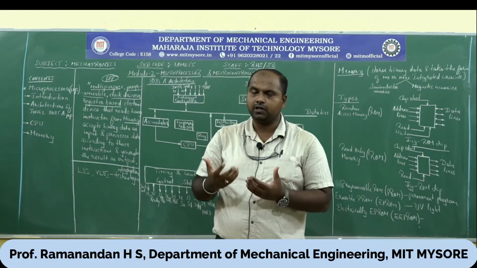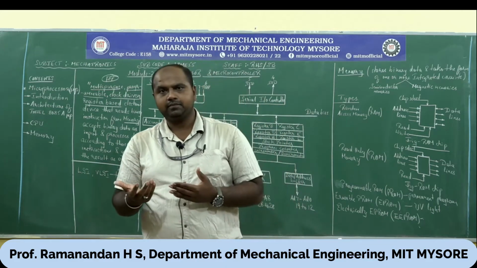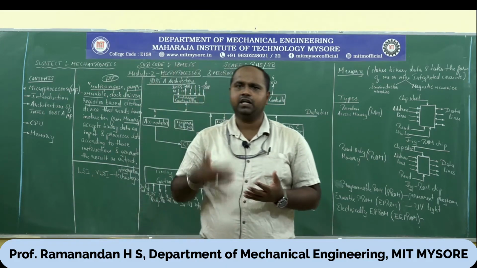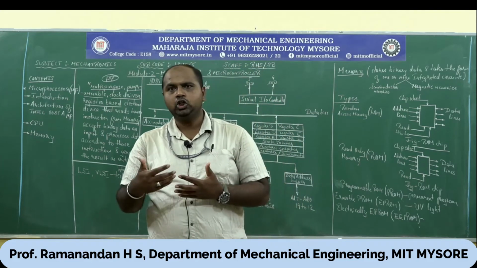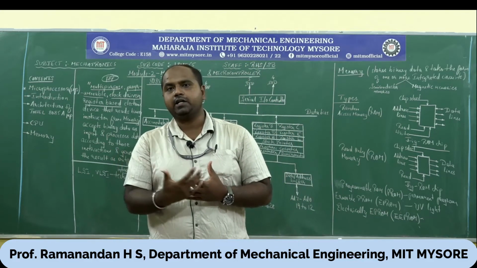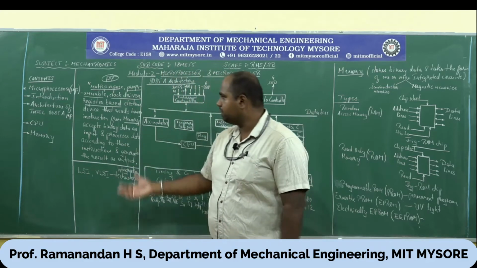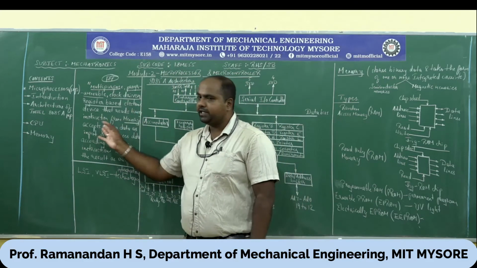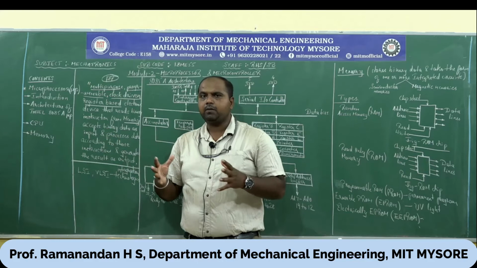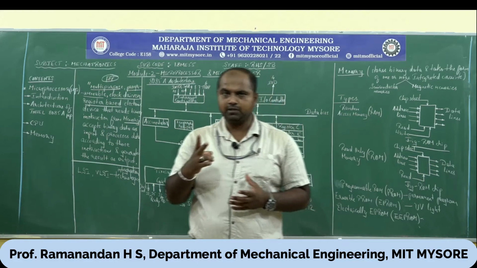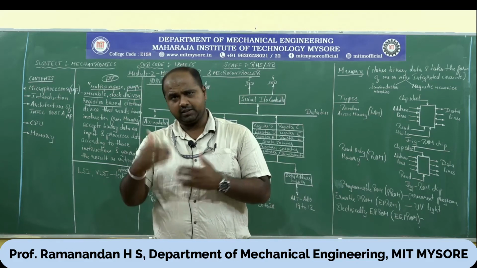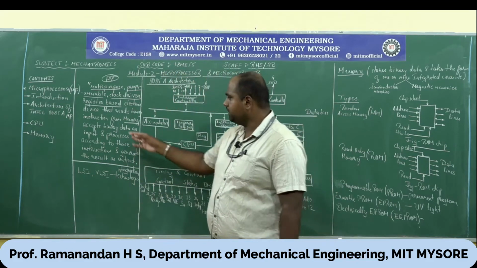Obviously, it works on electrical charges, because we are using transistors, IC pins, and more electronic and semiconductor devices. That is why it is an electronic device that reads a binary instruction. Binary means it operates on two numbers, zeros and ones. We will discuss them in detail later.